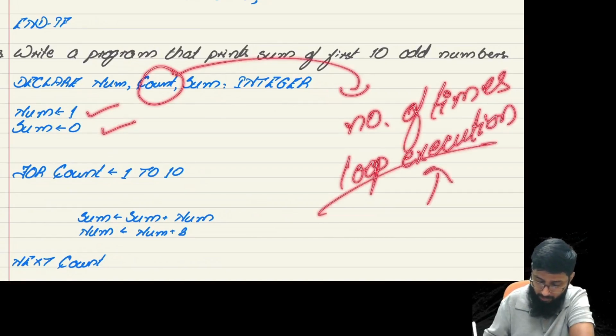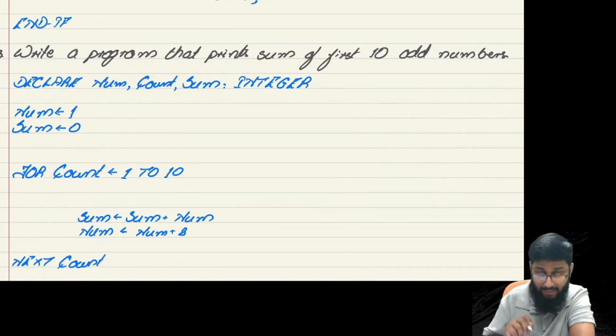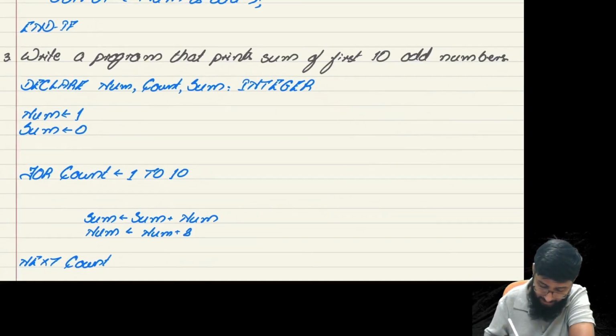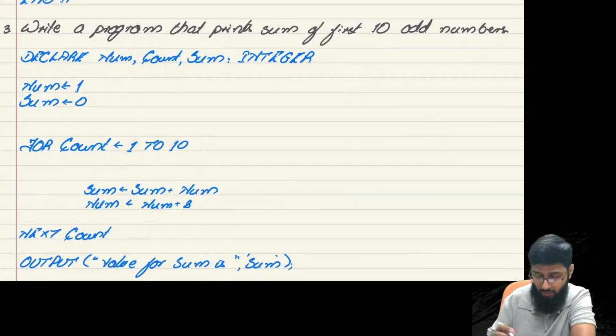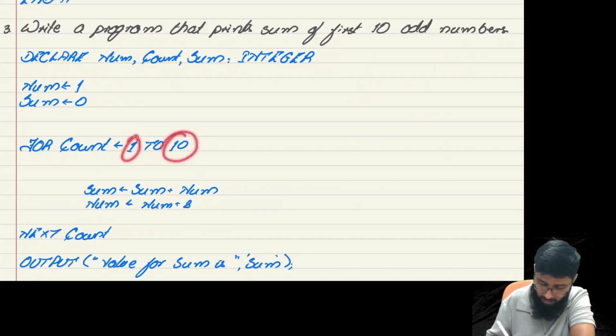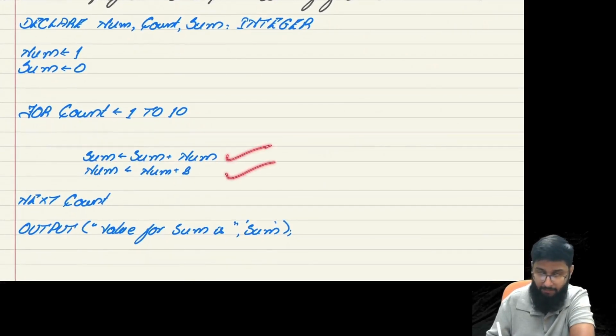So how am I going to do that? It says FOR count. Why haven't I initialized it? Because the count is initialized within the FOR loop. How? 1 to 10. We have defined the range over here. So for count 1 to 10, what are we going to do? We have the sum, we have num plus 2, and then we have count plus 1.